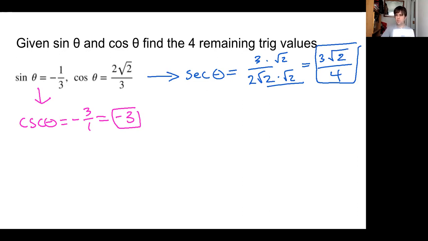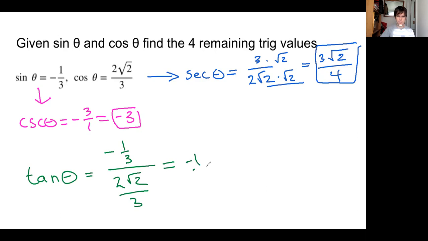The next thing I'm going to do is use my quotient identity to figure out tangent. Tangent is equal to the sine of the angle divided by the cosine of the angle. So I'll write that out: sine divided by cosine. Instead of dividing these fractions, I'll multiply by the reciprocal.